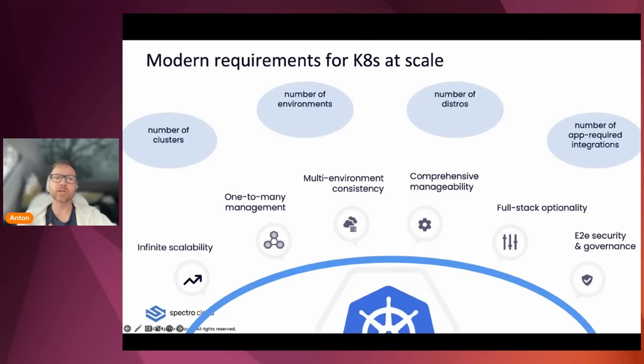And on top of that, there's the number of applications and other integrations needed on those clusters. 79% had more than 5 layers, so more additional things deployed in their stacks.